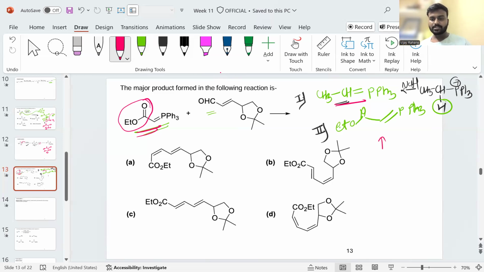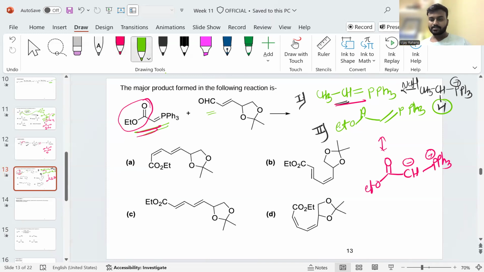Because if you look at the delocalization of this double bond, how will it be? The resonance structure of this will be the CH negatively charged, followed by PPh3 positively charged, and this is the OEt, the ester part.